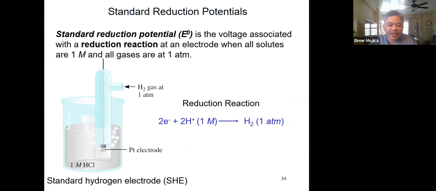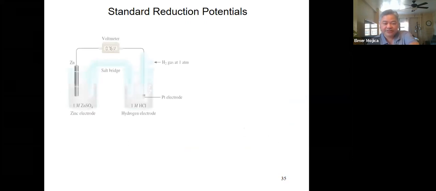Now, the reduction reaction that we usually have for a standard hydrogen electrode is this one. And the value that we have for that is equal to what? Anyone? If you recall the lecture last time, the value is 0.